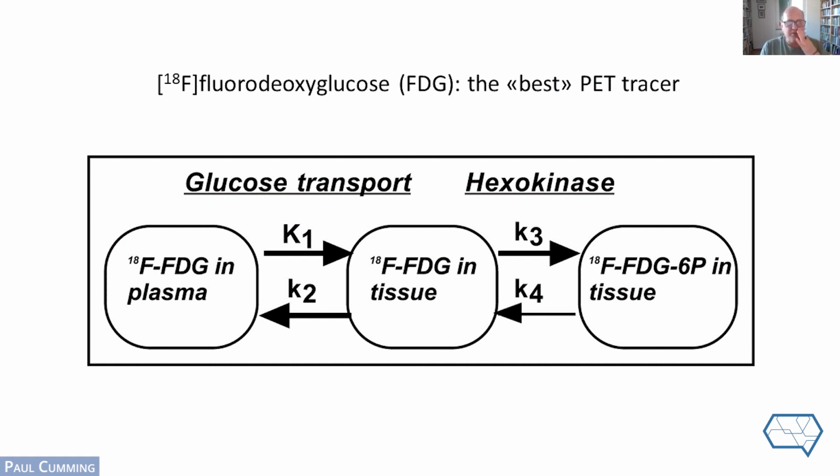And so beginning on the left side of this figure, we see that FDG is present in the plasma of the blood and circulates along with the blood. And when it passes through the brain, the radioactivity in blood is able to transfer across the blood-brain barrier. This is a reversible process. It's not simple diffusion, but it's mediated by a transporter in the blood-brain barrier. So that, like natural glucose, FDG ends up in the brain tissue.